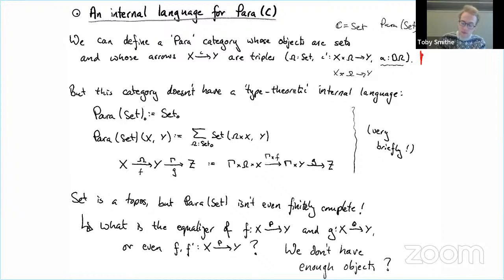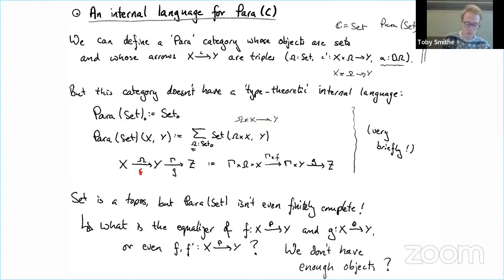This noisy bit isn't really important for this slide right now. We might come back to it later. The trouble is that there aren't enough objects. If we define this a little more precisely, we need to say what the composition is. The hom-sets of these things are a choice of parameter set and maps of omega times X into Y.